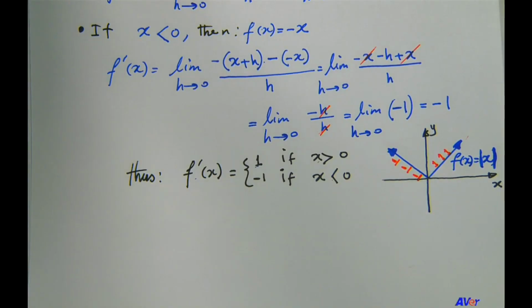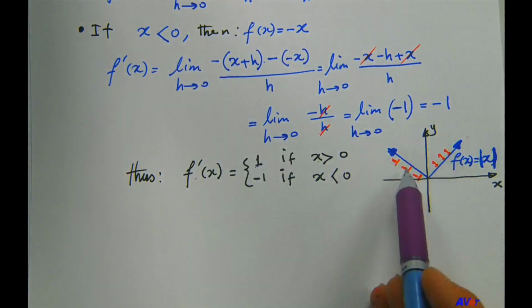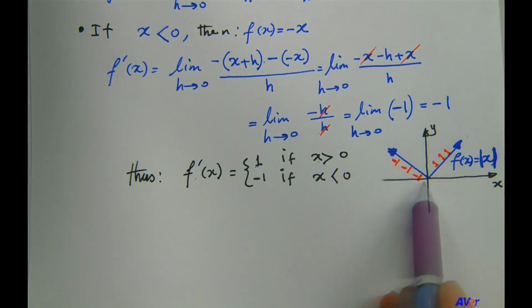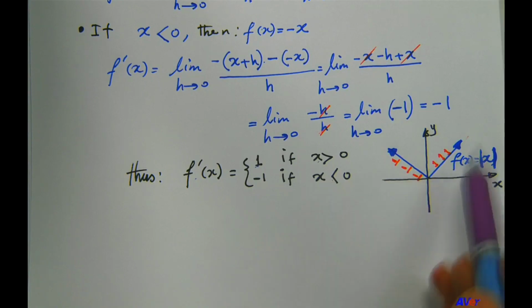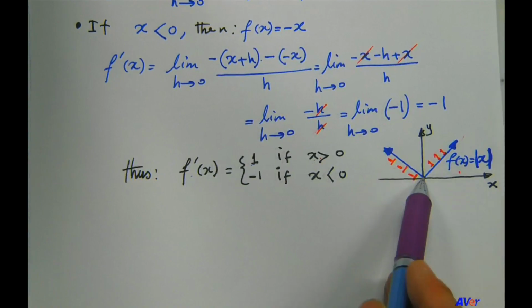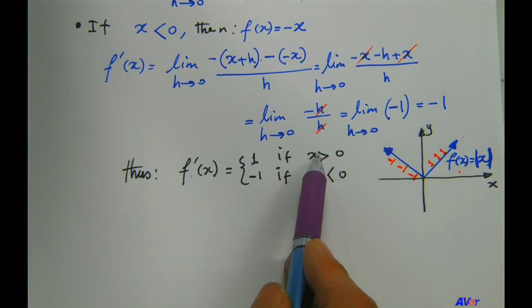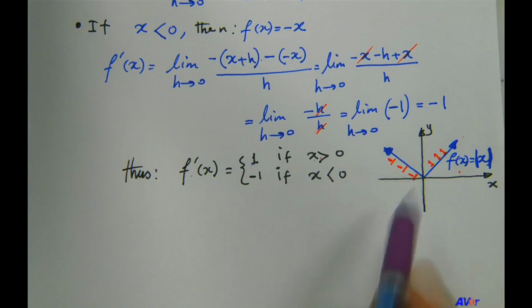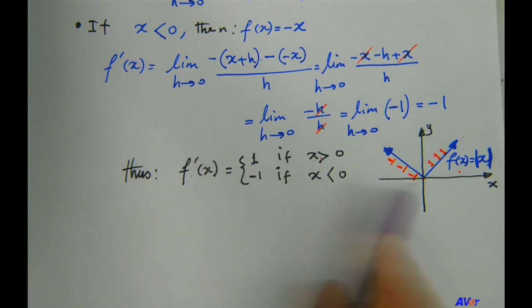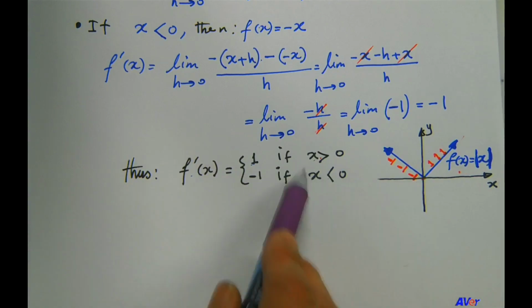So that's what we found. The slope of the line of the graph of this function is negative 1 when x is negative. It's positive 1 when x is positive. But what happens at 0? Did we forget that? No. So let's look at what happens at x equals 0. What is the derivative or the slope of the line at x equals 0?